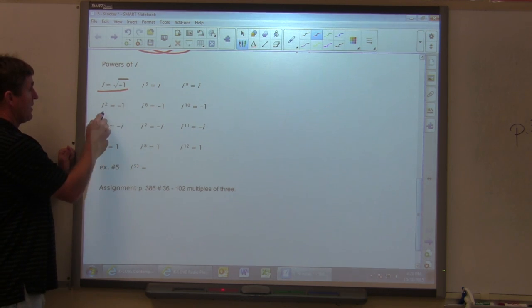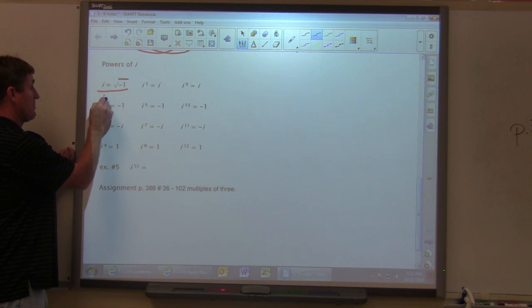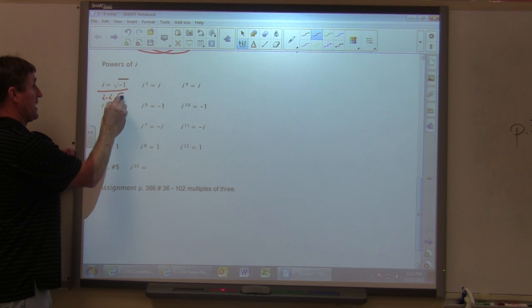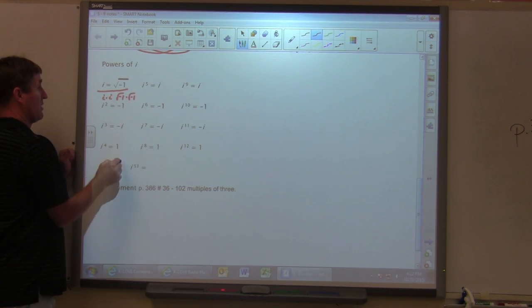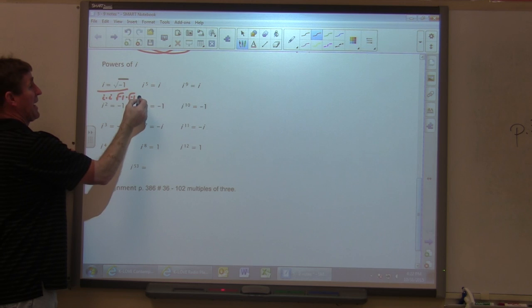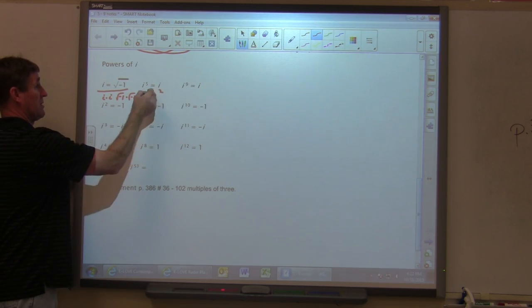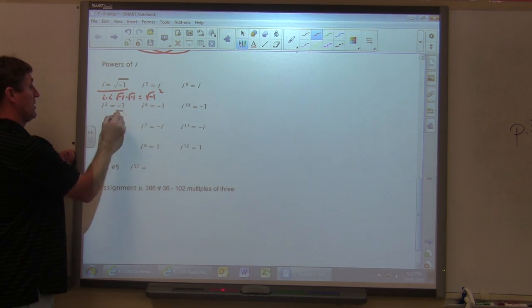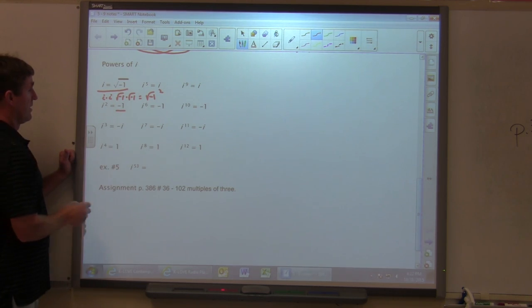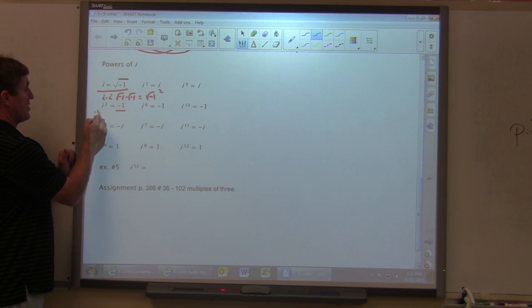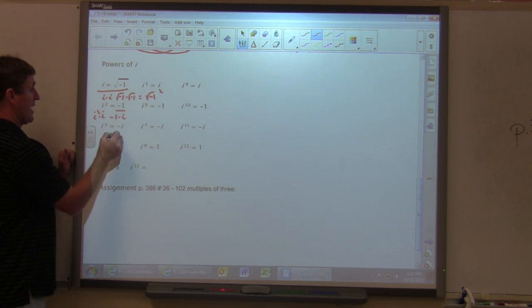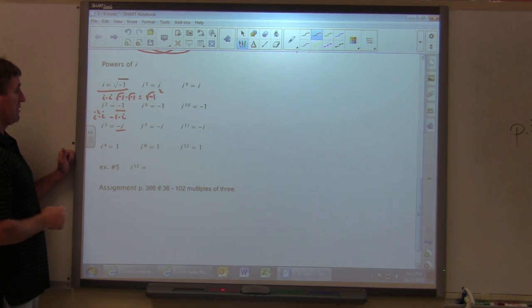And that i squared, which is just going to be i times i, and if you take the square root of negative 1 times the square root of negative 1, that'd be the same as the square root of negative 1 squared, and squares cancel square roots, and so you get negative 1. Well, i cubed is simply i squared times i. So negative 1 times i would simply be a negative i.